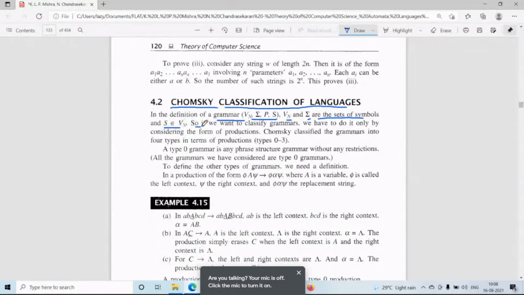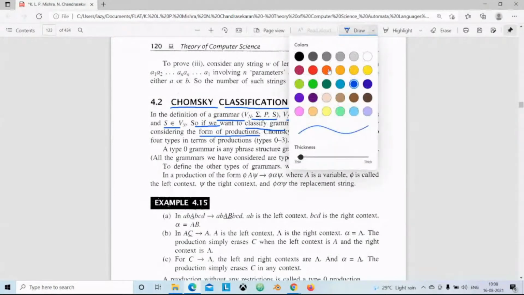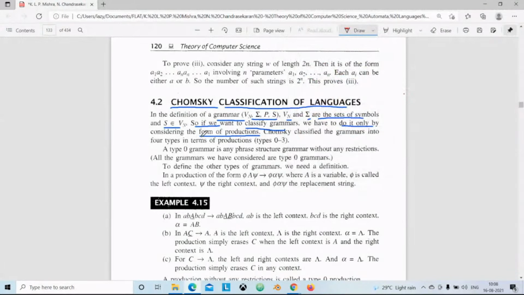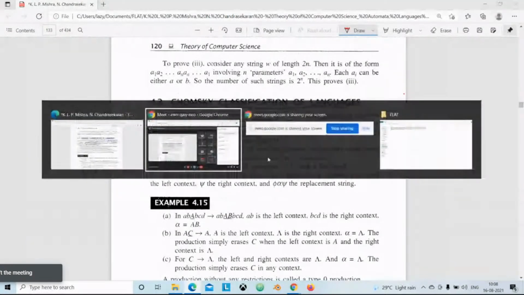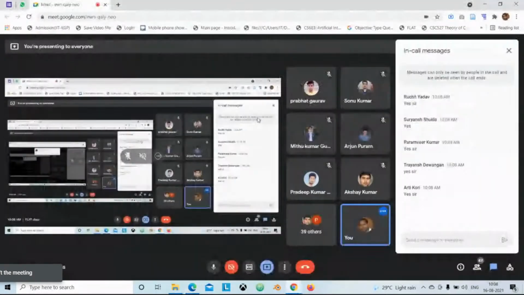So we want to classify grammars. We have to do it only by considering the form of productions. How we are going to classify will be based on what kind of production we are choosing in our grammar.